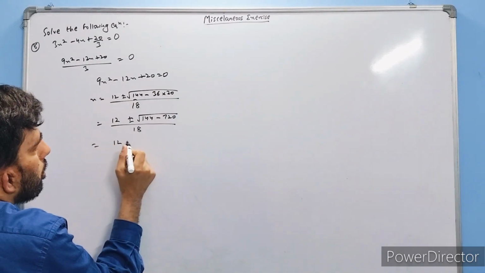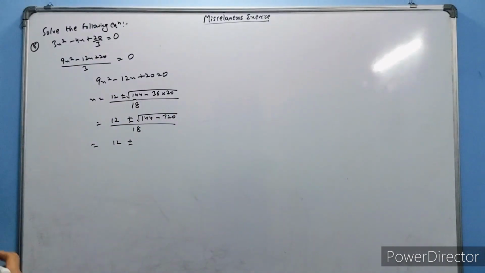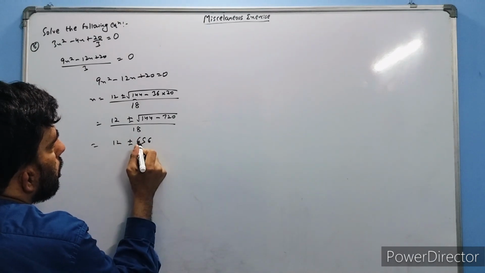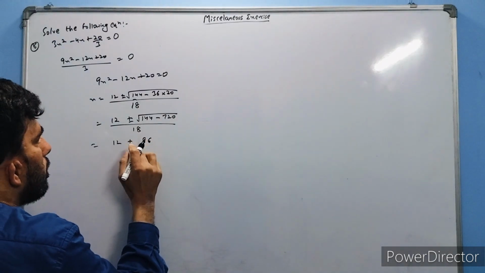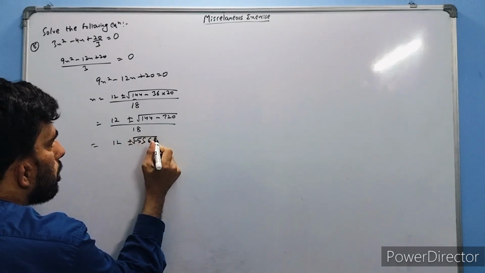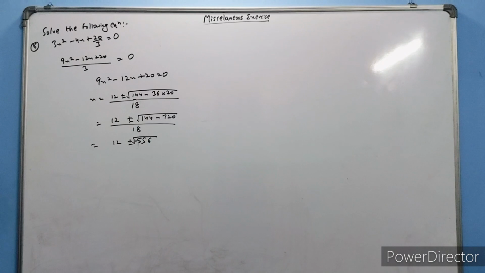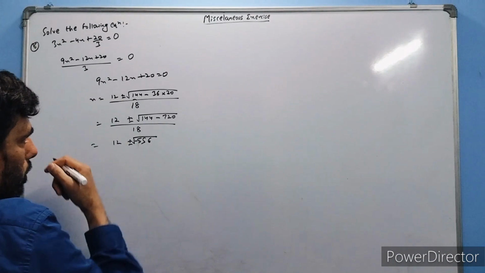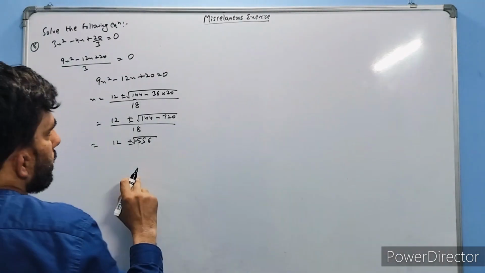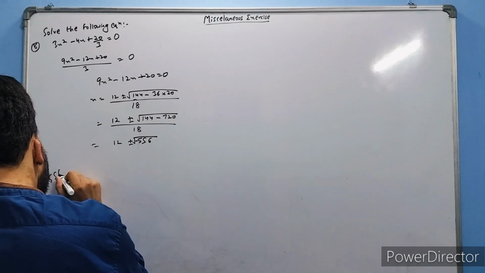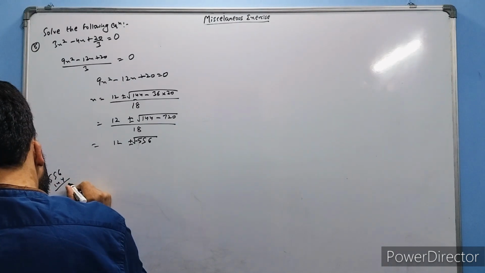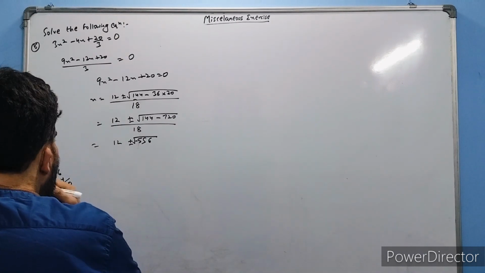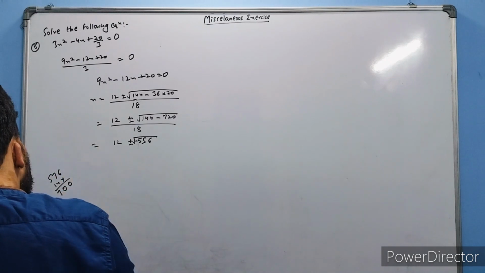So here 12 plus minus, we know the value. Okay, when we reduce this, we got 20. So if I add, 144 minus 720, it will be minus 576.